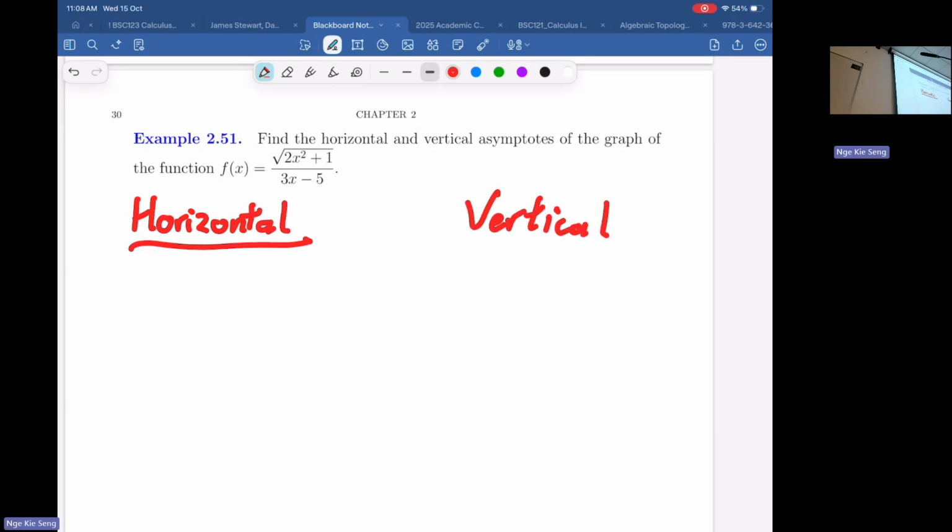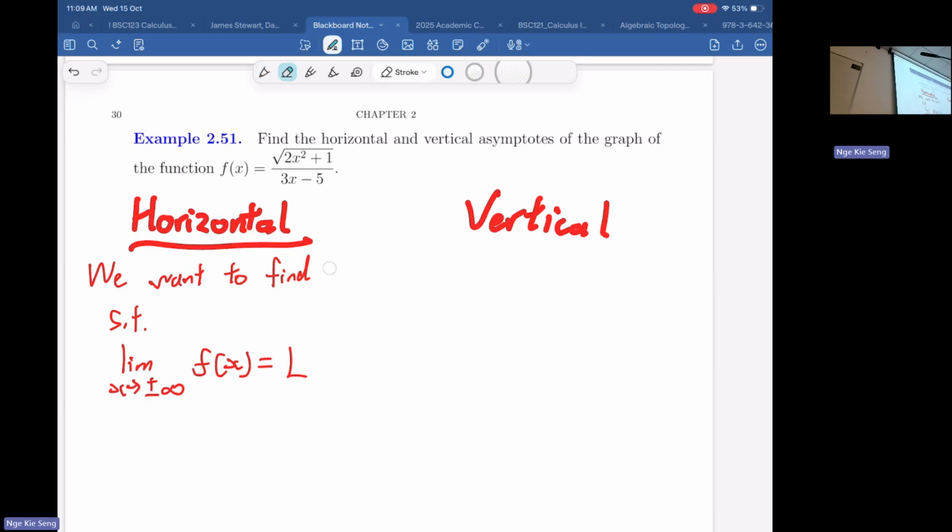For the horizontal one, we want to find L such that the limit of f(x) as x goes to either plus or minus infinity equals L. We have to find some L. How about vertical?